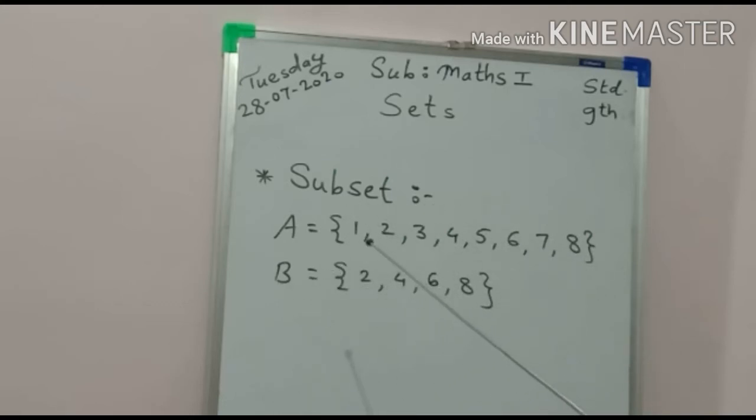No. 1, 3, 5, 7 is not in set B, but every element of set B is in set A. So in this case, what we say is that set B is a subset of set A. It is not A is a subset of B, but B is a subset of set A. Means that every element of set B is in set A, and therefore B is a subset of set A.